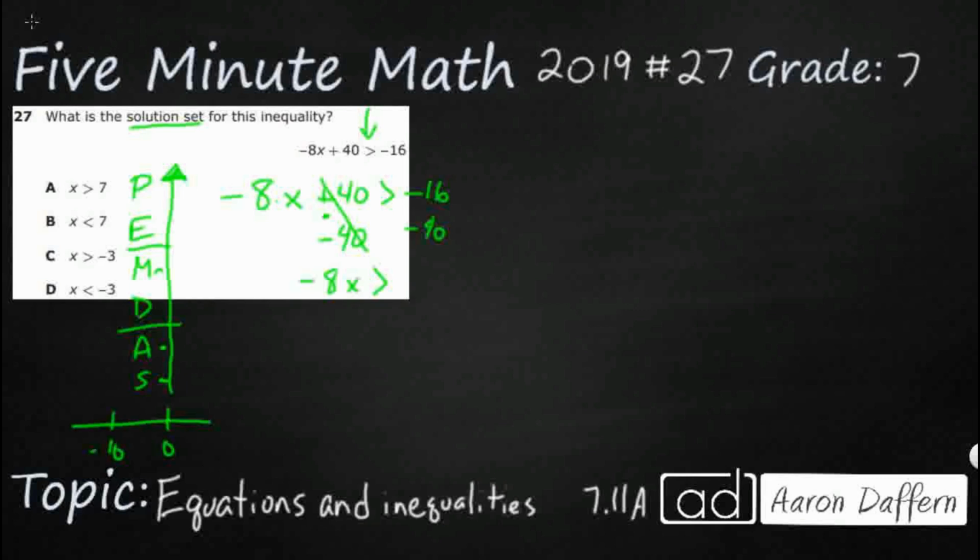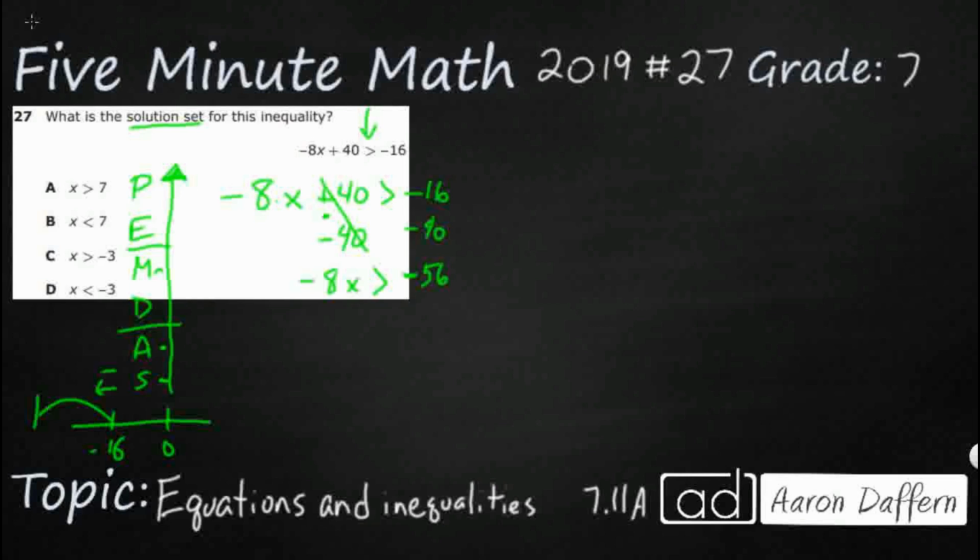Remember, subtract goes this way. Now I'm going to subtract 40, so I'm going to go a big jump over here. It's almost like adding. So I'm just going to add 40 and 16. It's going to be -56. When you subtract from a negative number, it's like adding. You just keep it negative. So I've got -8x is greater than -56.